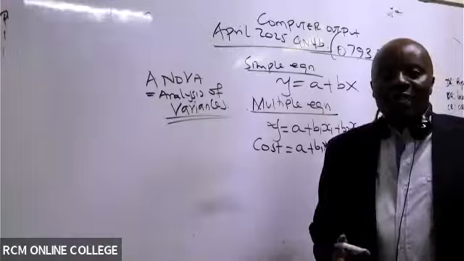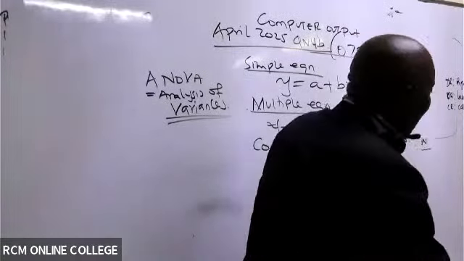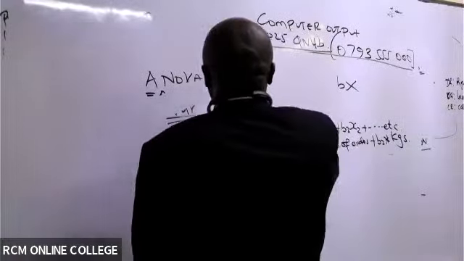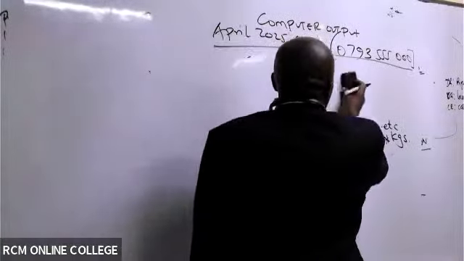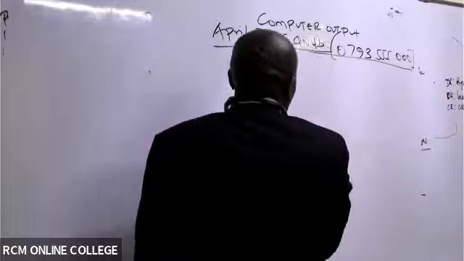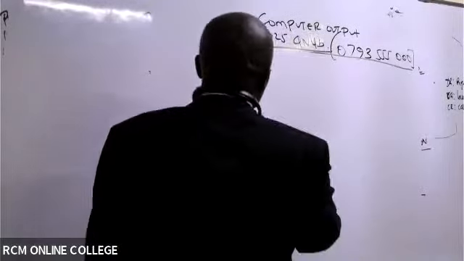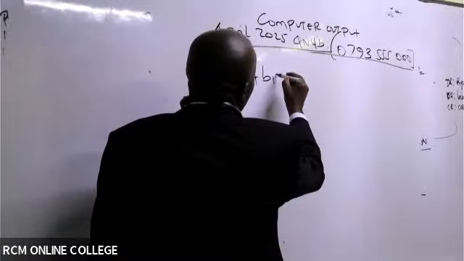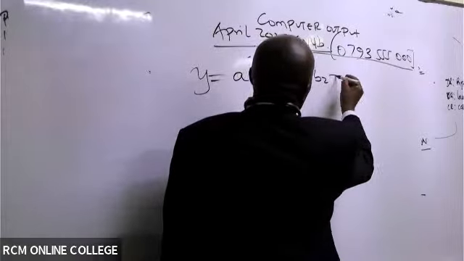So now that all of us have tried it, you have to allow Mwalimu to do it, isn't it? They have told me to write for them a multiple regression equation, isn't it? So we know if it's multiple, it is y equals a plus b1 x1 plus b2 x2.